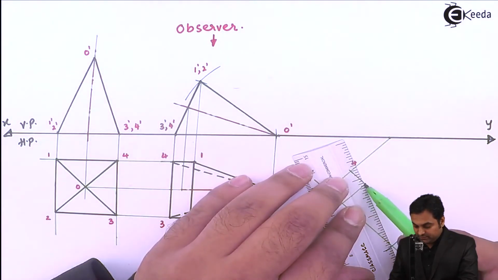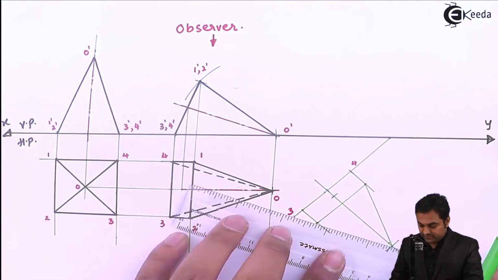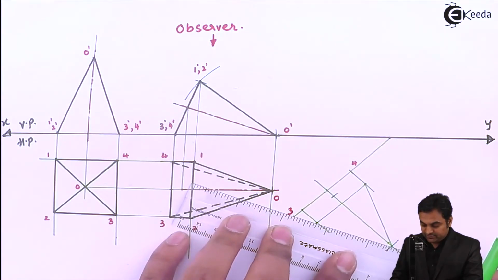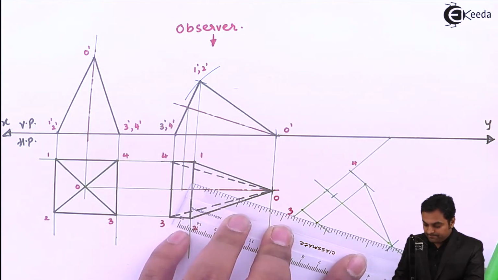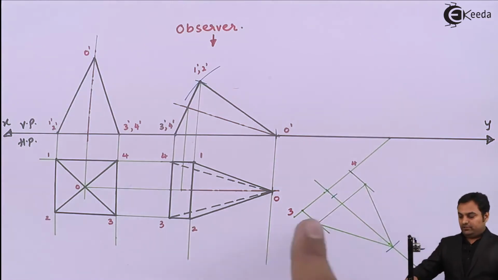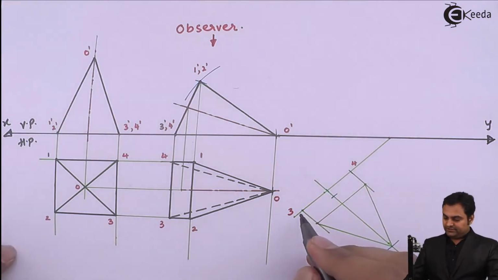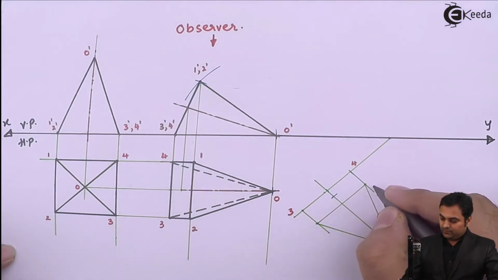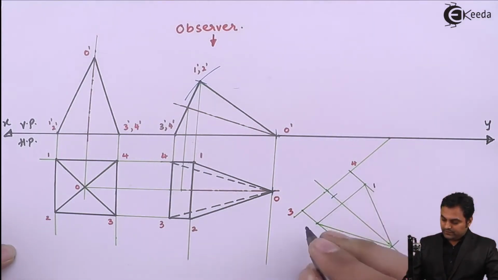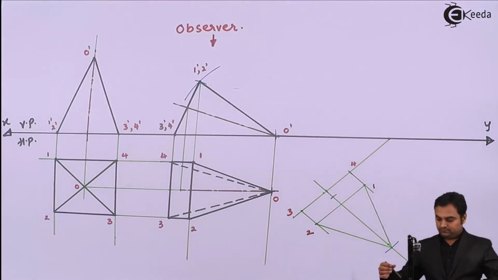First I'll make it light, and apex is nearer to the observer as mentioned in the question. Now I'll be giving the notations to this pyramid. Here it is 3 and 4. This will be 1, and here 2. Next I'll make it dark.